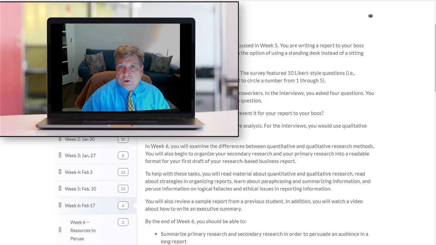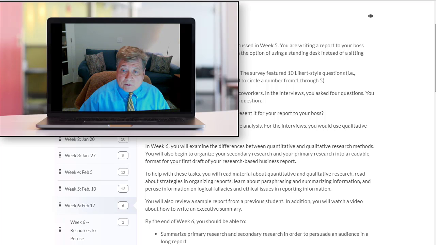Whenever you do your surveys for your primary research, that's called a quantitative instrument, and you will be reporting quantitative results. When you do interviews or conversations with individuals and you report on those, those would be qualitative instruments, and you would be reporting qualitative results. So that's one of the things to keep in mind this week.